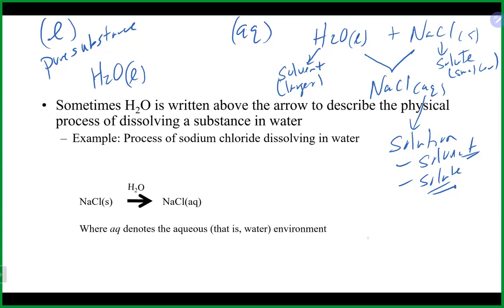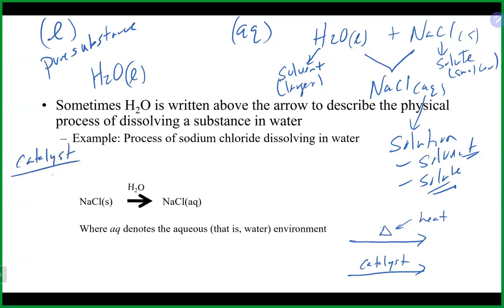Now, other things that we typically will sometimes see on top of the arrow. We'll sometimes see a little delta symbol that sometimes refers to heat, that you're heating something. Very commonly as well, on top of the arrow, we will see a catalyst. And a catalyst is not a reactant.